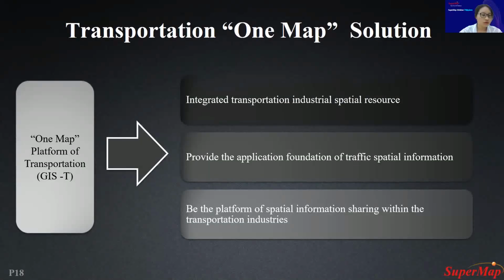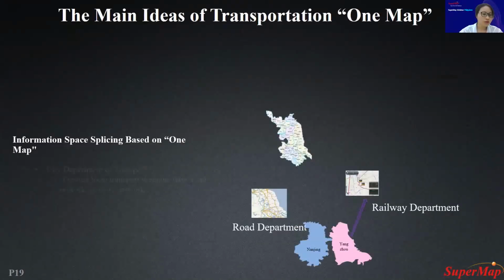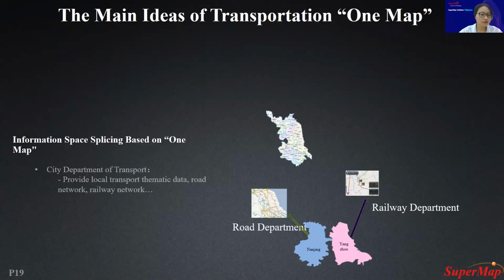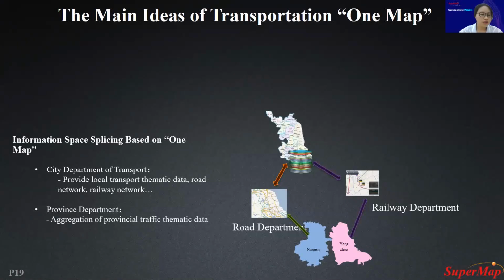With the new development mode, we propose Transportation One Map, which can integrate transportation industry spatial resources, provide an application foundation of traffic spatial information, and be a platform of spatial information sharing within the transportation industries. This picture shows how to organize information spatial splicing based on one map.